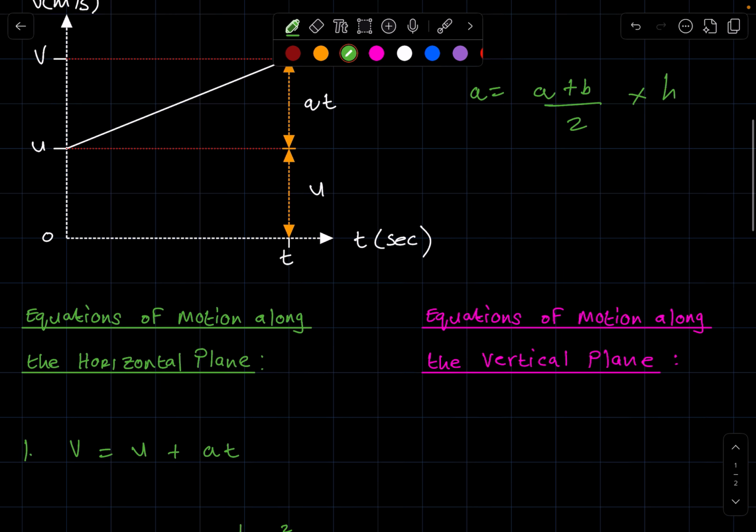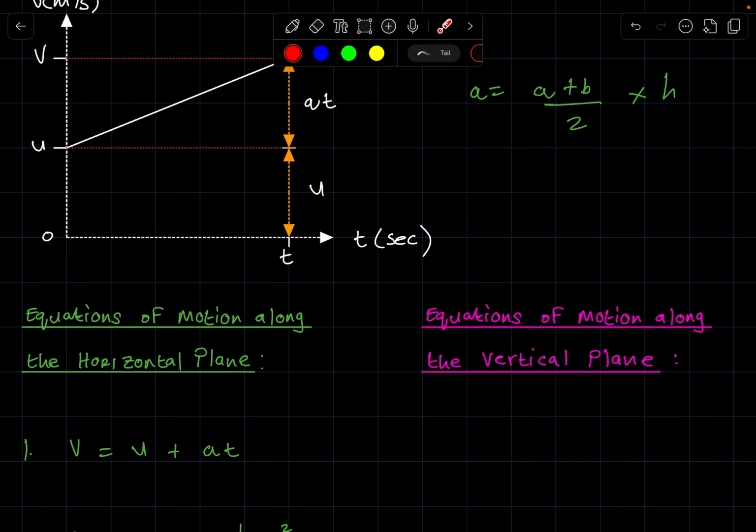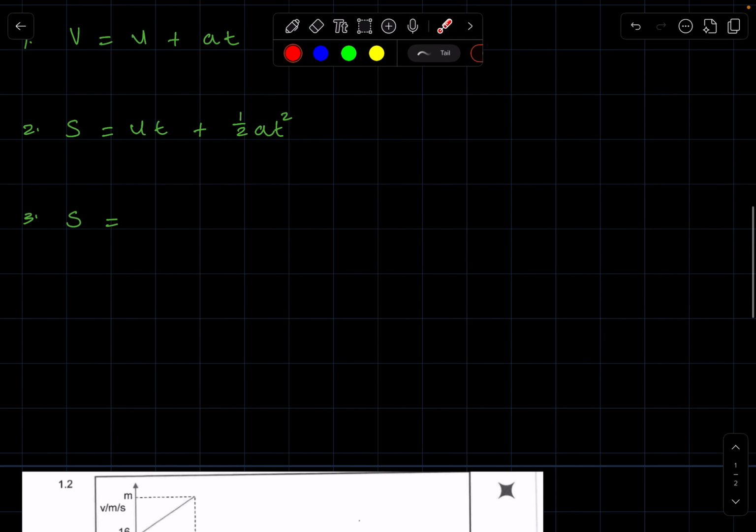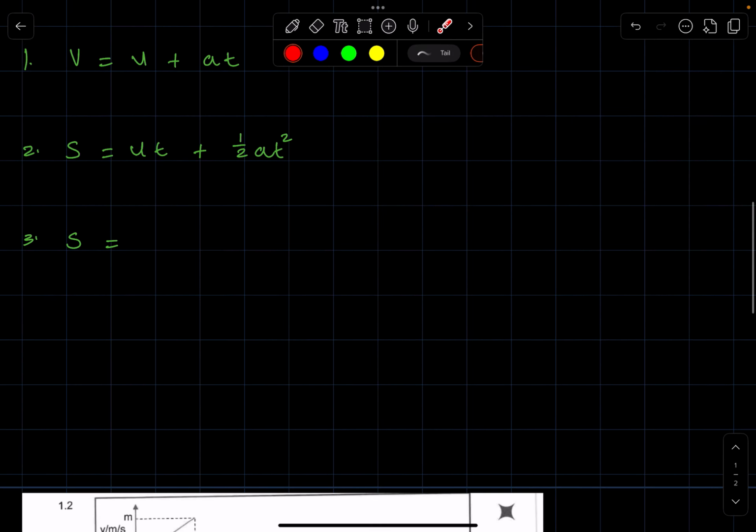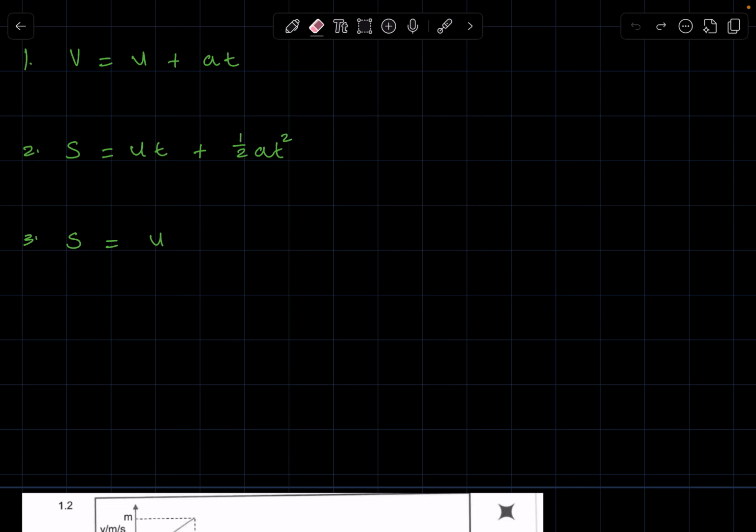So we said a plus b. You take this as a, this as b, and this as our height. So essentially here you have a plus b, a being u plus v, which we can also express simply as v plus u, divided by 2.